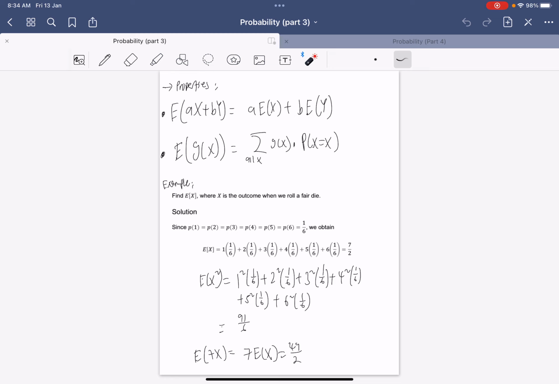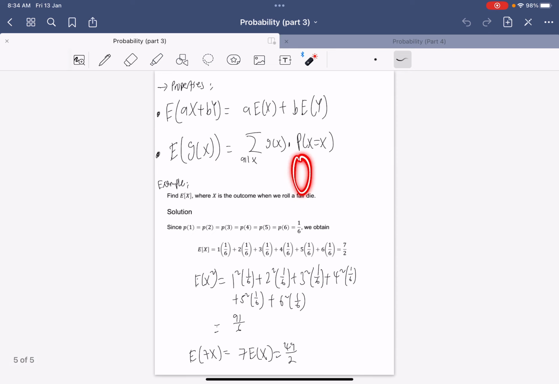And the second property is that, let's say you run your X through a function g, then it has some new values. So X is over here, and then you run it through a function g. So g has some new values over here. Then the expectation of g(X) is just g(x) times the probability, because the probability distribution did not change.